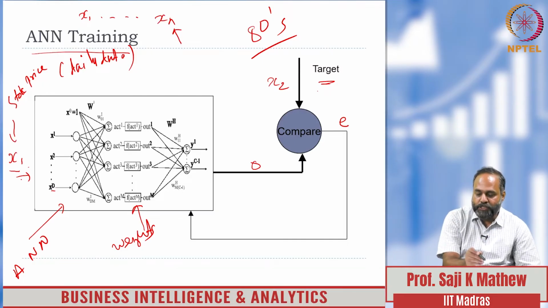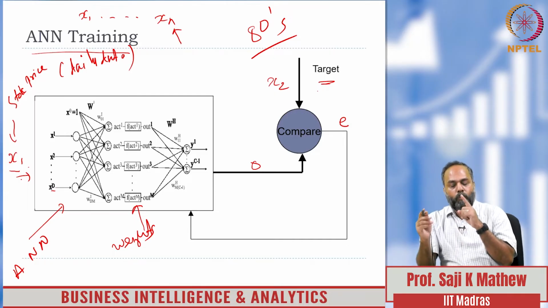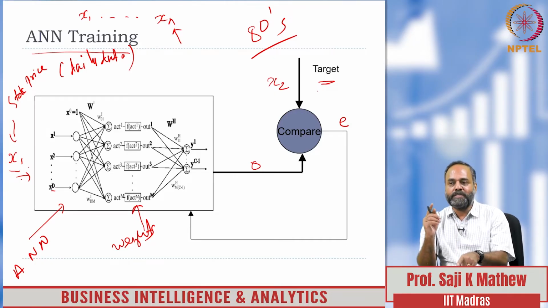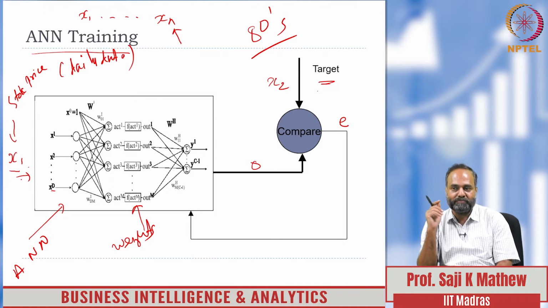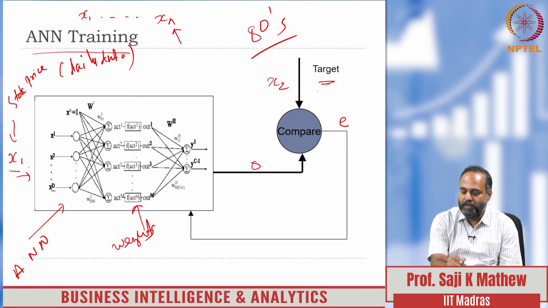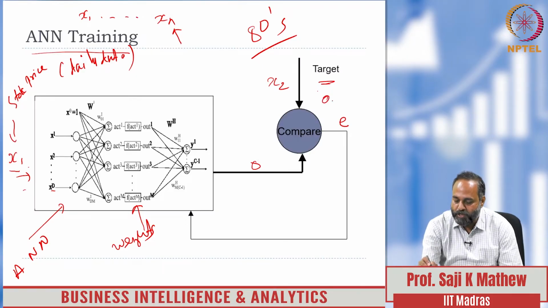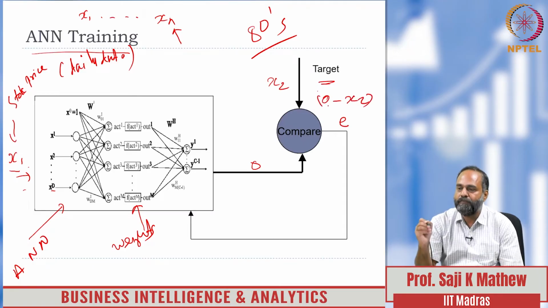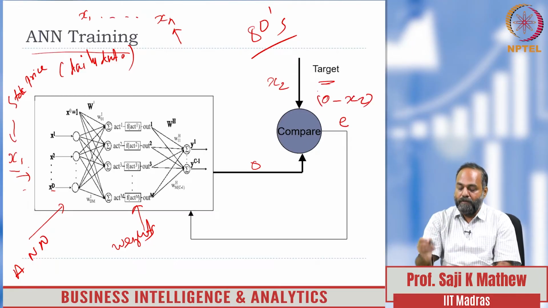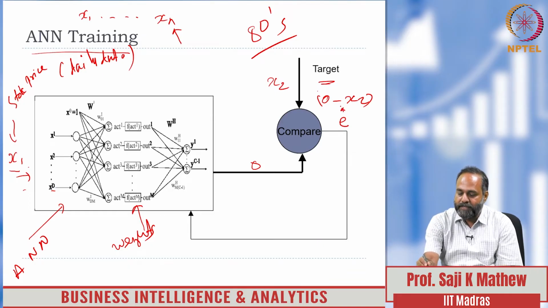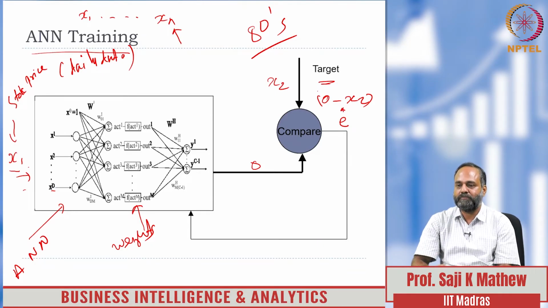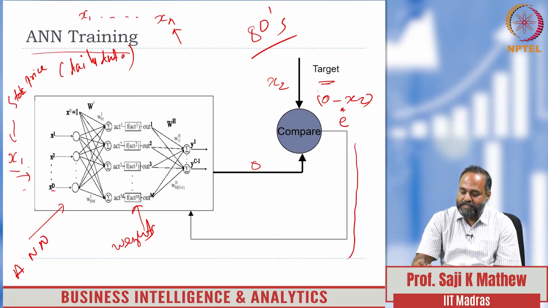When I give x1 as the input, what the network should do is give me the output x2. x2 is the target output. So I am telling the neural network, look, when x1 is the input, you should output x2, not O. There is a difference between O and x2, which is E, the error. Error is O minus x2.